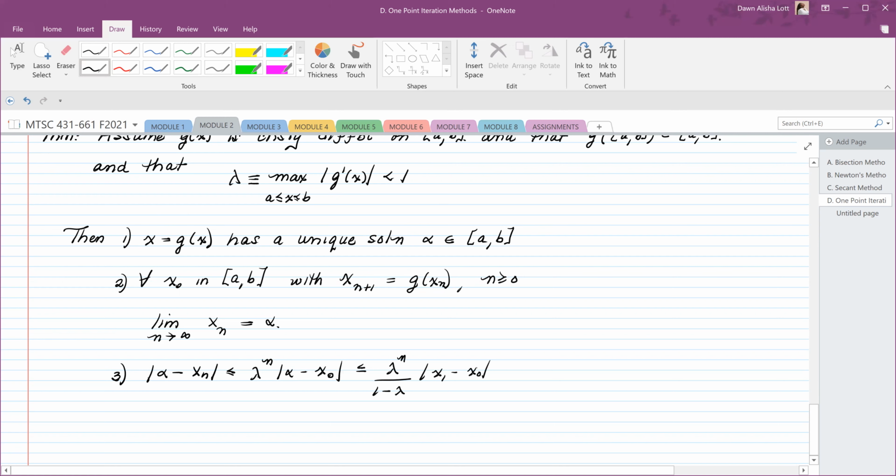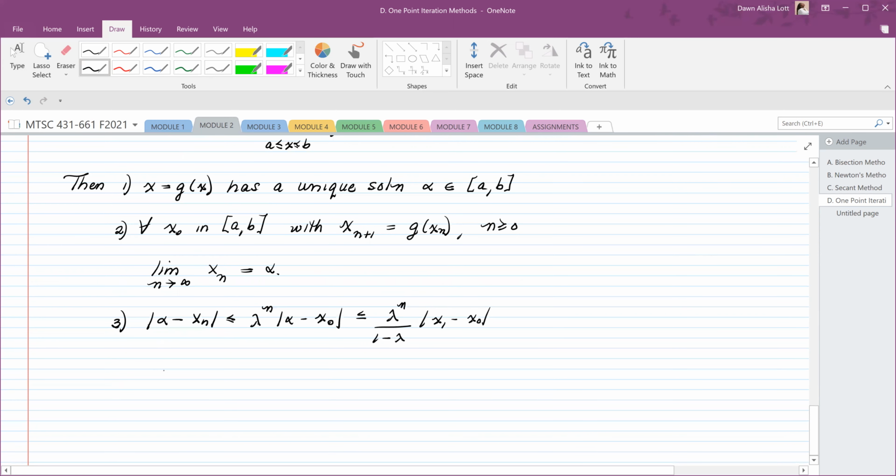And the limit as n goes to infinity, this is a really nice one, of alpha minus xn plus 1 divided by alpha minus xn. This limit is just the derivative of g at alpha.